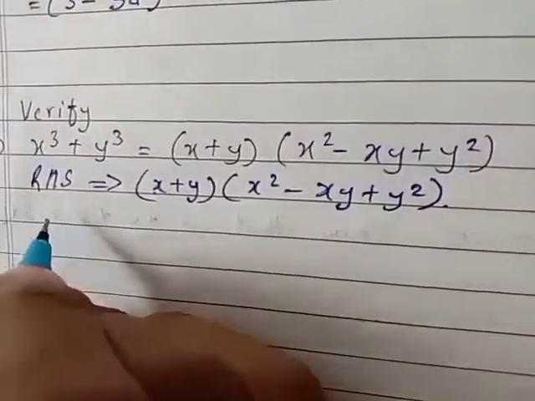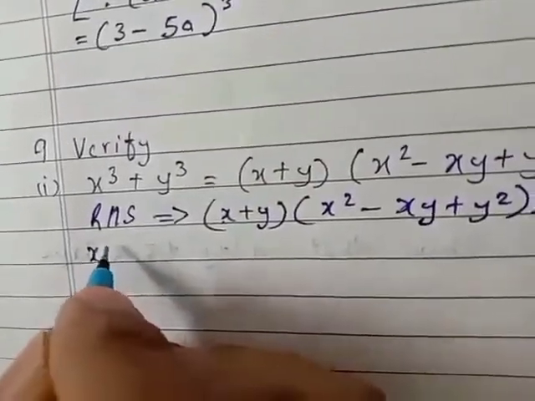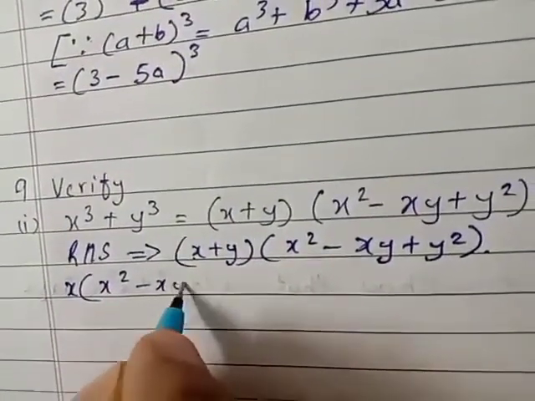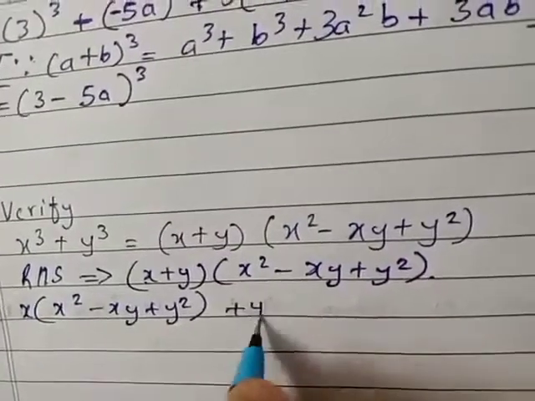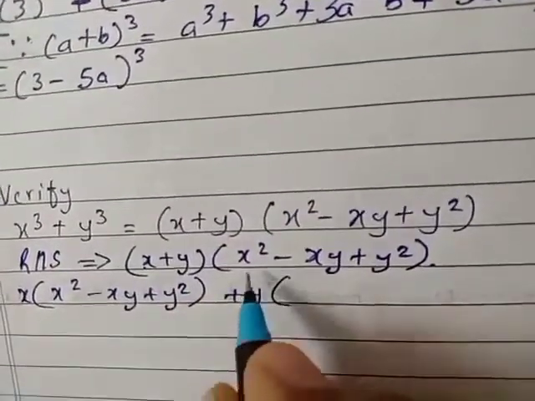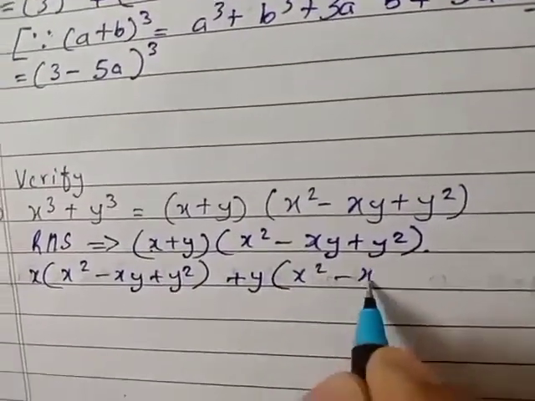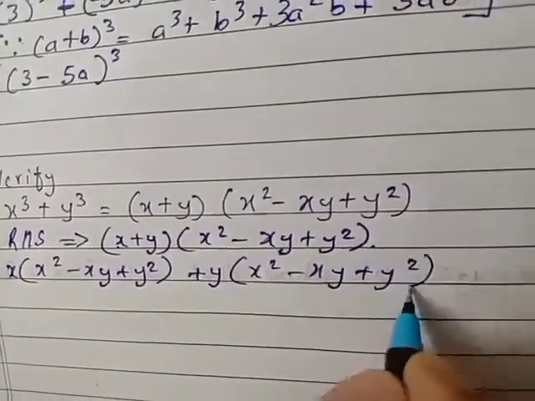So what will it be? It will be x into x square minus xy plus y square, and plus y into this whole one, x square minus xy plus y square.